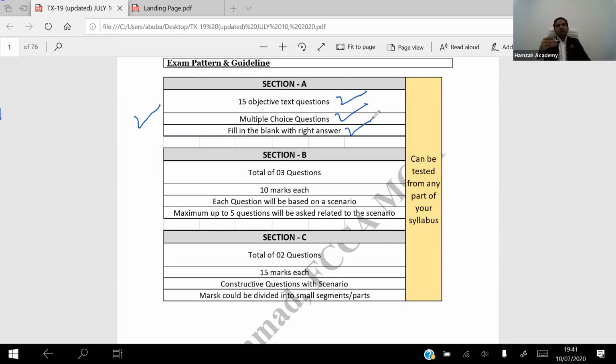Scenario means you have a proper background for the question. For example, Mr. A works in company ABC for so and so long. For this year, he has earned so and so income. He has a house and he has a car which he uses for something. This is the type of scenario you should expect. So there will be a story.